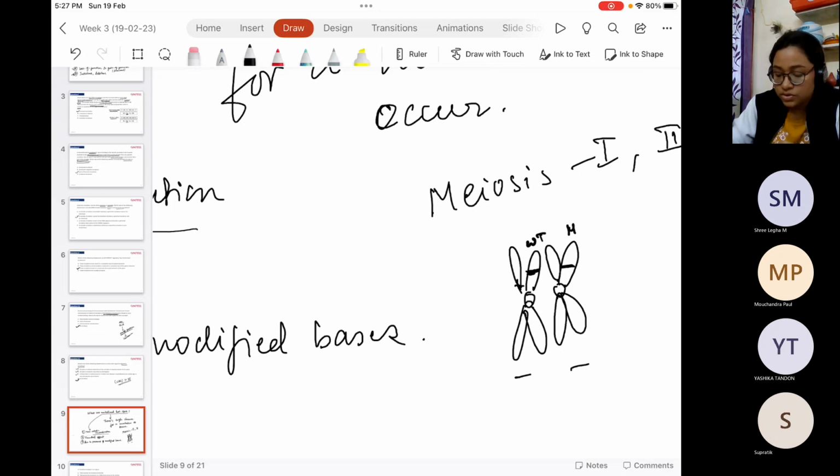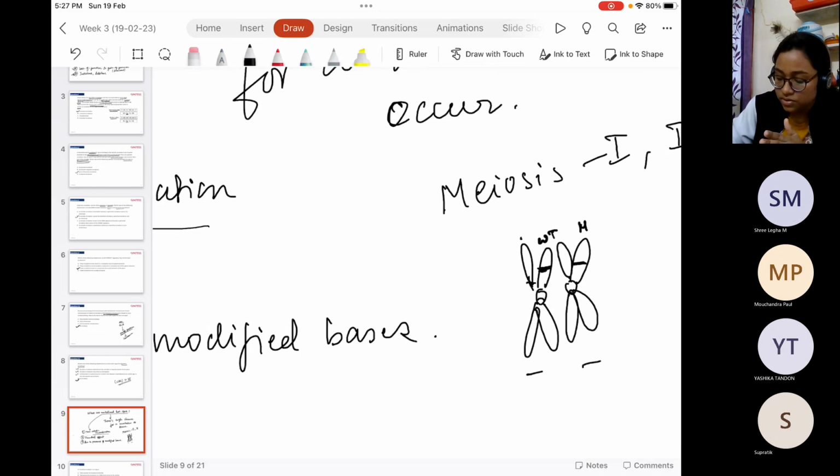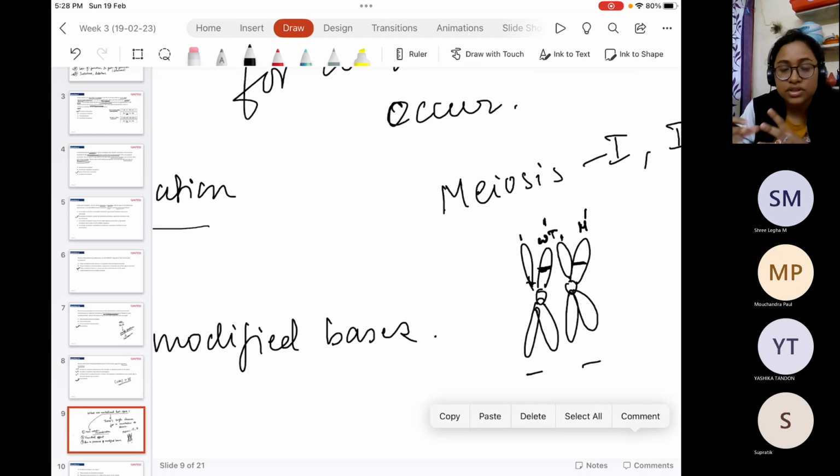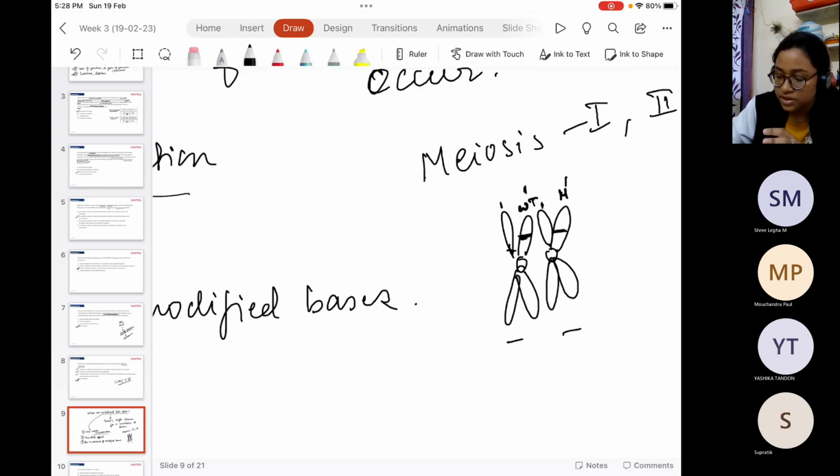During recombination, synapsis is formed, where this chromatid will exchange some genetic material with this one, like this. And during this, say this wild type gene gets transferred to this homologous chromosome right here.